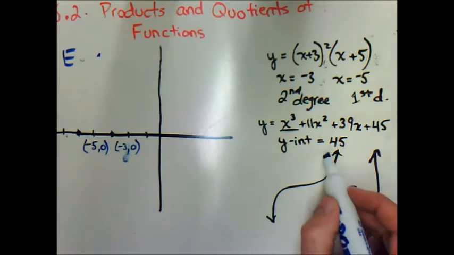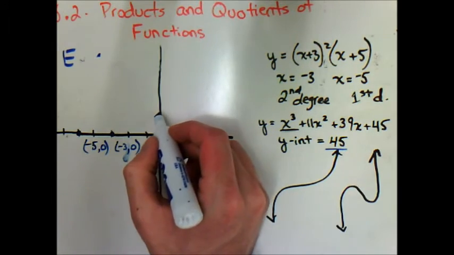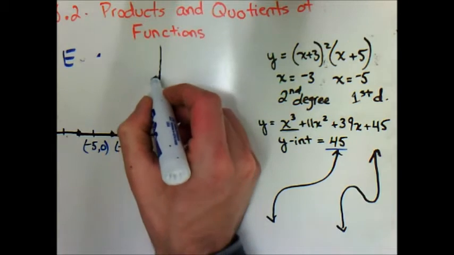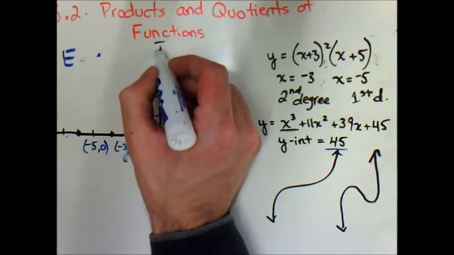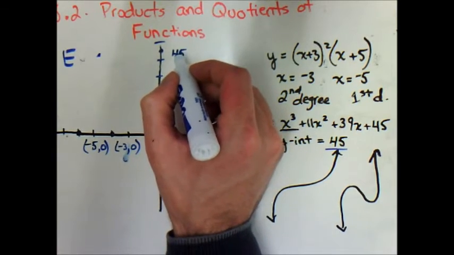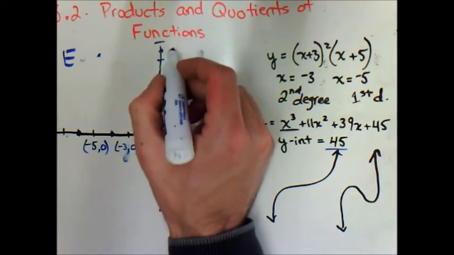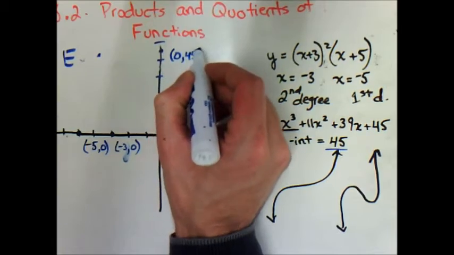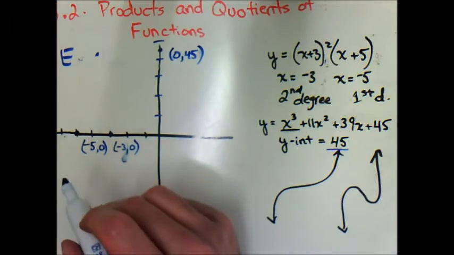And then we have our y-intercept at 45. So I'm just going to go 10, 20, 30, 40, 50. There's 45. That's the point 0, 45. And we're ready to draw.